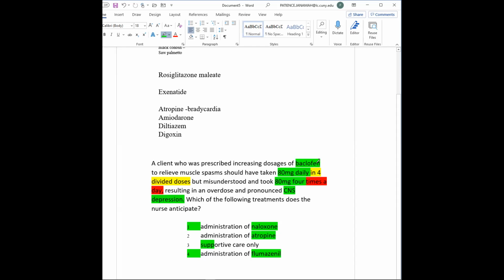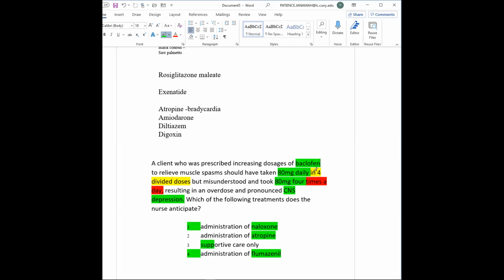So this is a pharmacology medication plus talking about nursing care. Two things mentioned in this question give you a clue: the patient is taking baclofen, which means the patient has pain somewhere, and they have specifically told you it is to relieve muscle spasms.